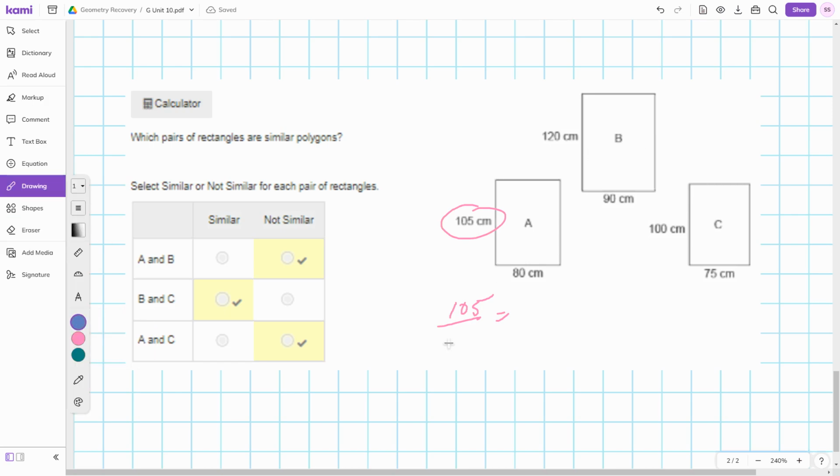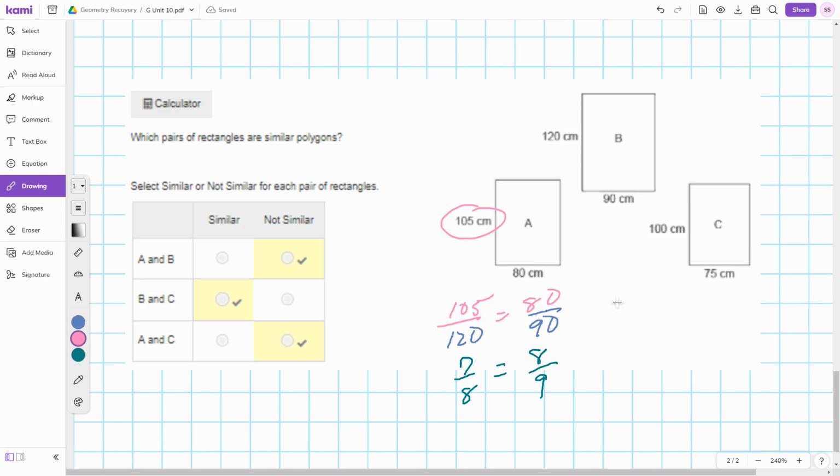In my calculator, that's what I'm doing. And I get two totally different ratios. I get 8 over 9 for one, and 7 over 8 for the other. So that doesn't work.